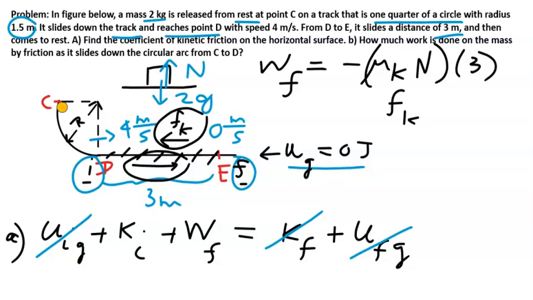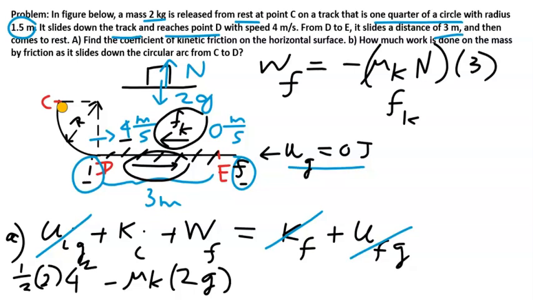Putting everything together, the kinetic energy at the initial point is half times mass, which is 2 kg, times the speed of 4 meters per second, so 4 squared. Note, the work is a negative work, minus mu sub k, we don't know. The normal force is the weight, which is 2 times gravity. And the displacement from D to E is 3 meters, and that equals 0.